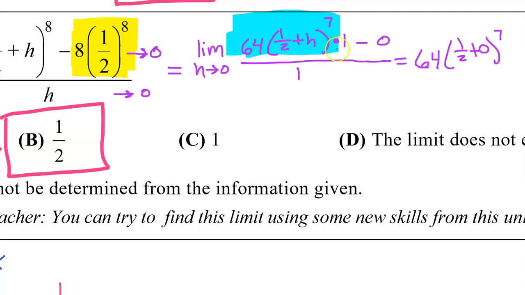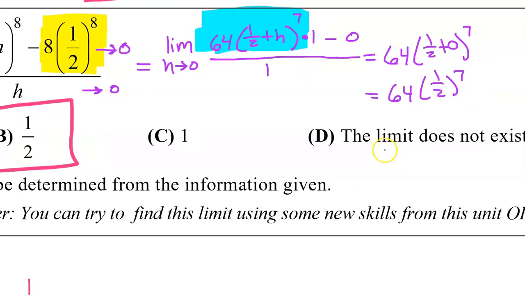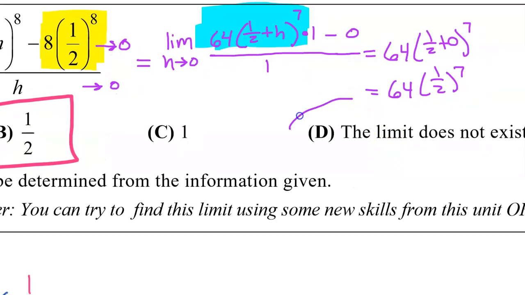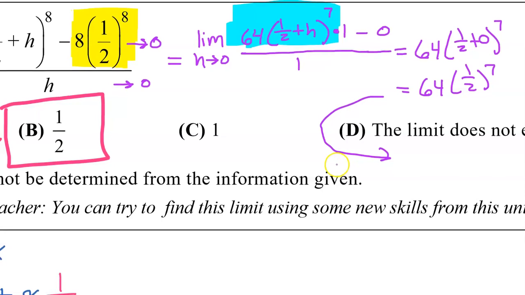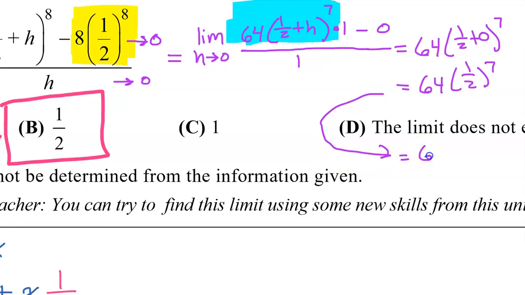In fact, since h is 0, we just have 64 times 1/2 to the 7th power. This should be looking pretty familiar right now. So this is going to be 64 times 1 over 128, just like we had before, and this simplifies to 1/2. So either way, you're going to get the answer is B.